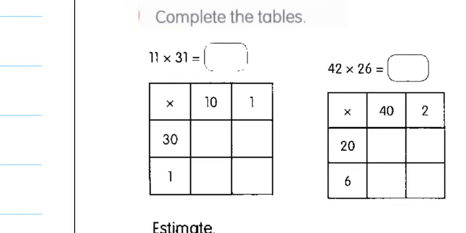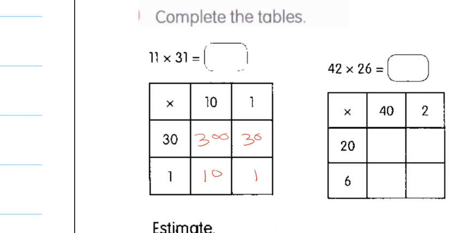Here's using the grid method. 11 times 31. 10 times 30: you will multiply 1 times 3 and put 2 extra zeros. That gives you 300. 1 times 30 is 30. 1 times 10 is 10, and 1 times 1 is 1. Let's add them all.